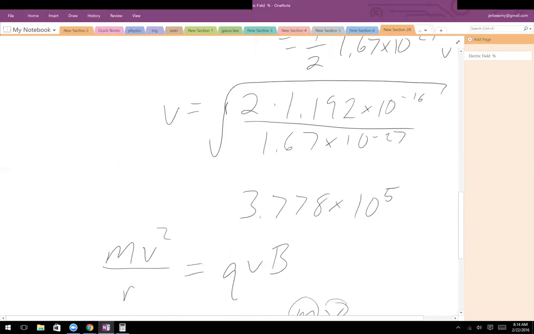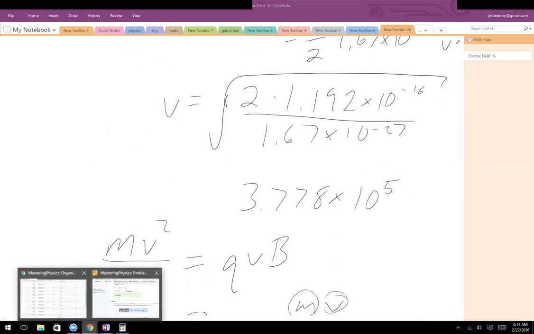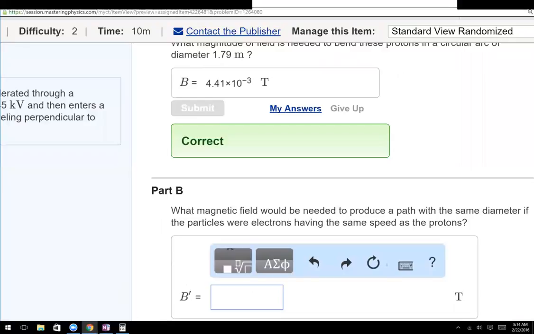So let's ask Google just to double check what the mass of an electron is. But I'm pretty sure that's right.